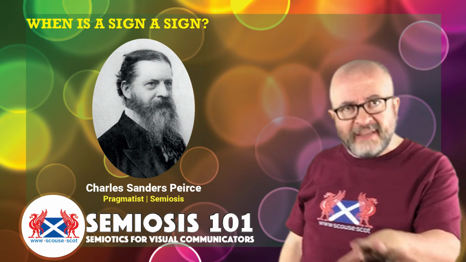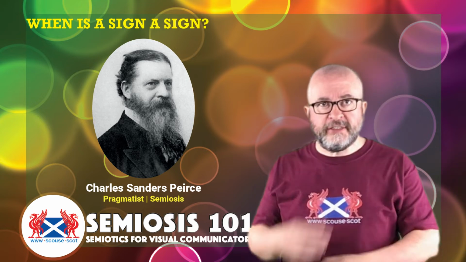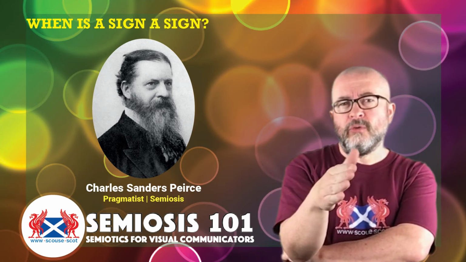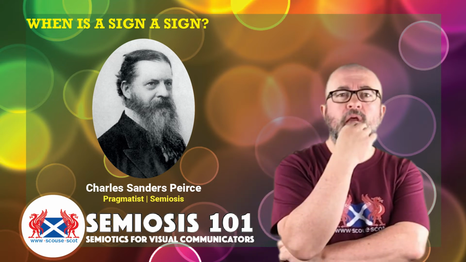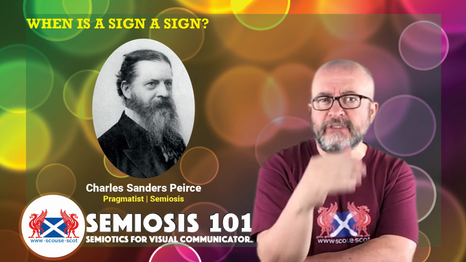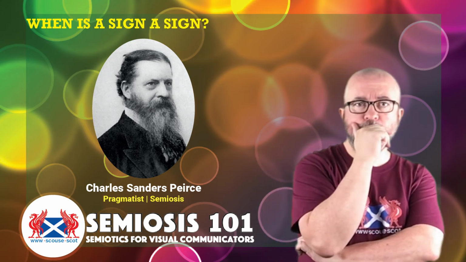Let's get to the 9th episode on general Peircean semiotic theory for illustrators and designers. Today, in around 10 minutes, we will focus on when is a sign a sign. What I mean by that is the fundamental starting point of semiotics. What is an actual semiotic sign?